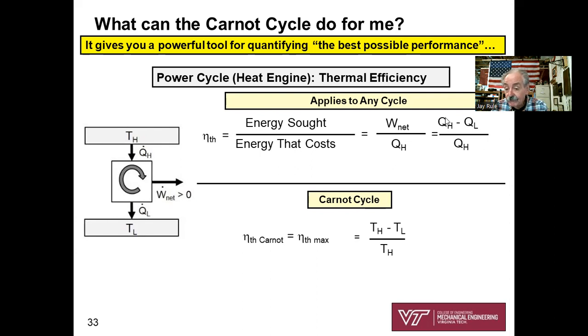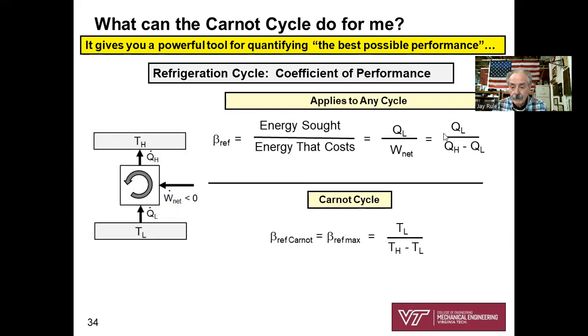If QH is any number and QL is some number, this is always going to be a number less than 100% thermal efficiency. Now, over here, you can do the math and satisfy yourself that this is nearly always going to be a number bigger than 1. Okay, so if you get a coefficient of performance that's a fraction, you've done something wrong.